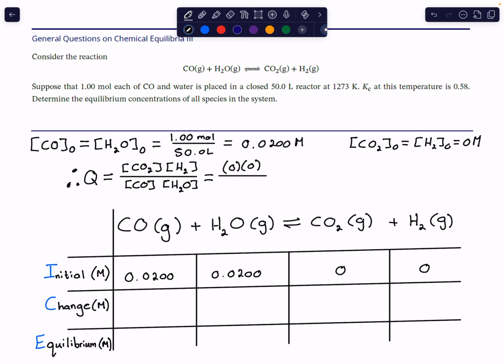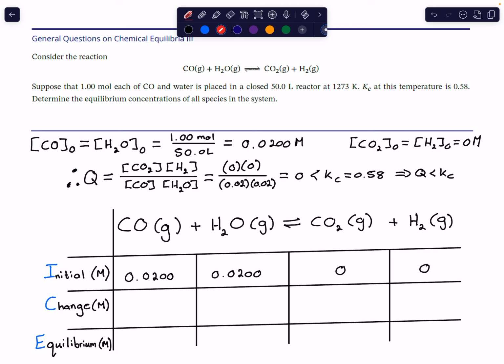At the bottom, we see 0.02 and 0.02, and this gives us a value of 0, which is indeed less than Kc, which is 0.58. This means that Q is less than Kc.